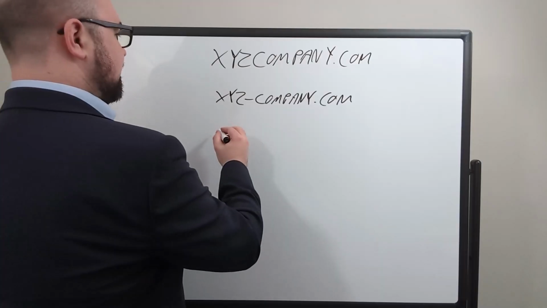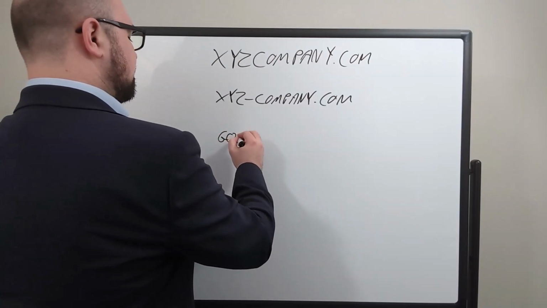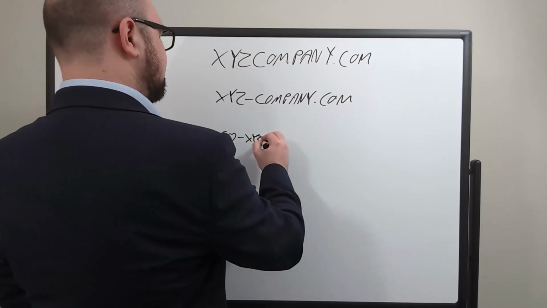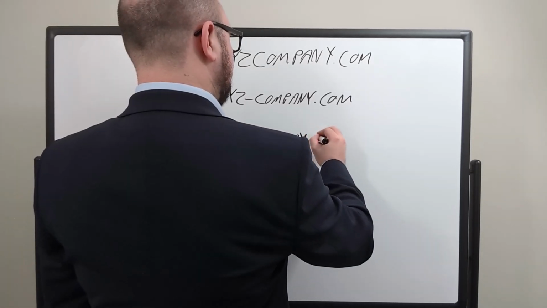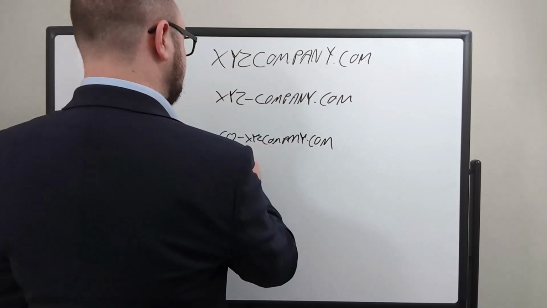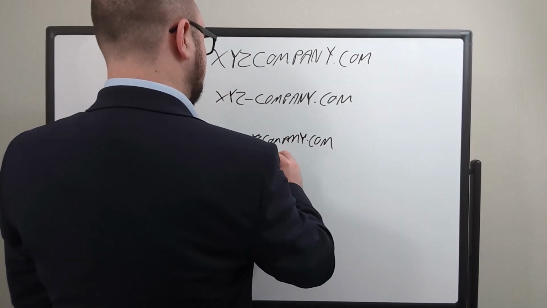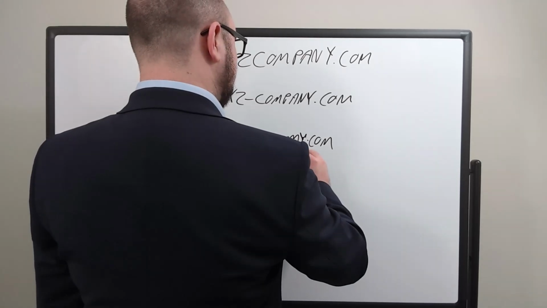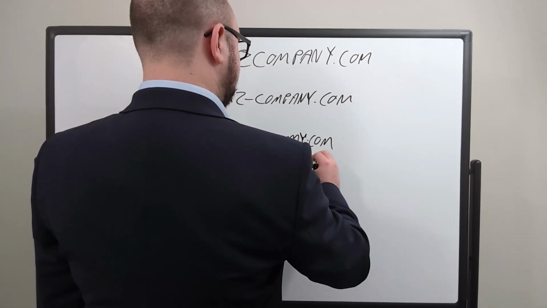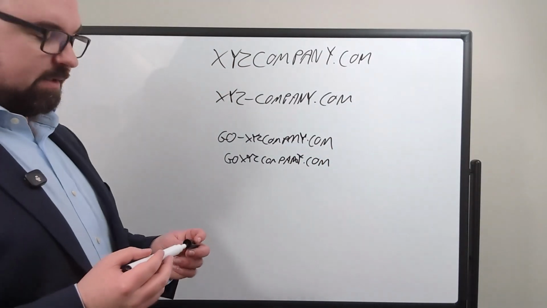Let's say that the next one is go-xyzcompany.com. Let's say the next one is go with no dash, xyzcompany.com. Now look, there's loads of different ways that you can use this. There's loads of different domains that you could get. I'm just giving some examples here as well.